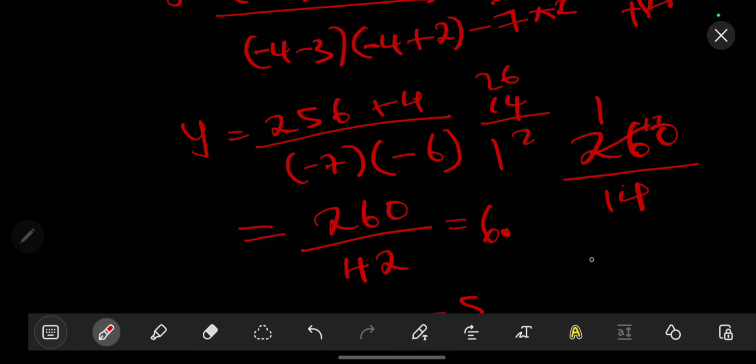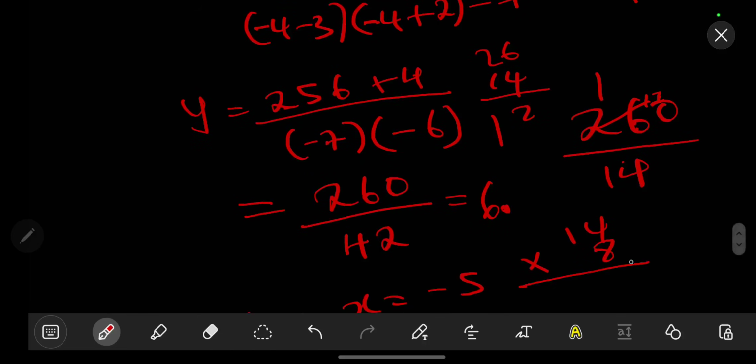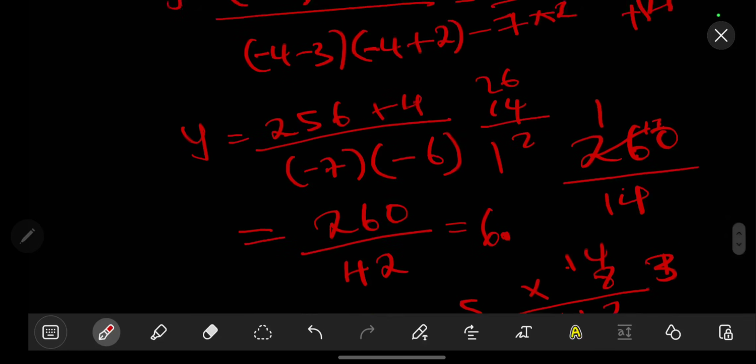The closest we can get is, let's try 14 times 8. So 14 times 8 gives us 4 times 8, which is 32, so 2 remainder 3. 8 by this, 8 plus 3, will give us 112. So it will be 18 point something.